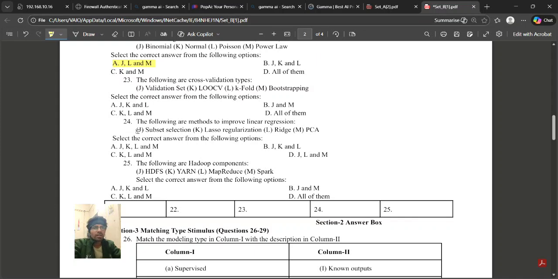K-fold L is the most common cross validation method. And bootstrapping is resampling with replacement. While related, it is technically not cross validation; it's a different resampling technique. So our answer is A, JKL.